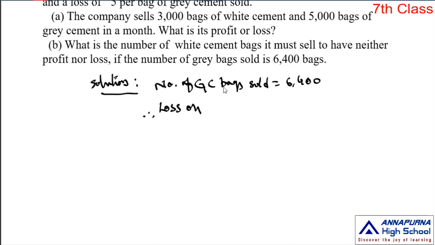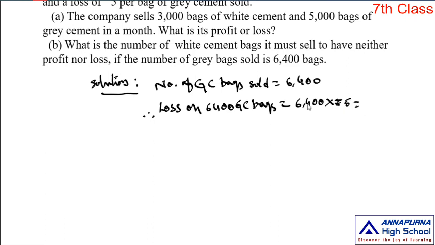Loss on 6,400 grey cement bags sold is equal to 6,400 into the loss on every grey cement bag. Is it 8 rupees or 5 rupees? 5 rupees.